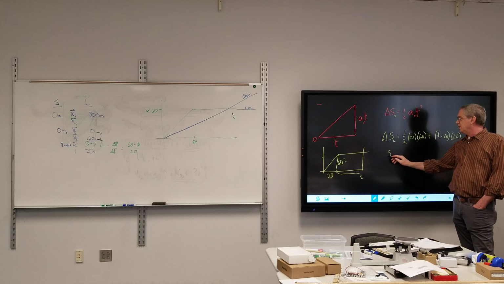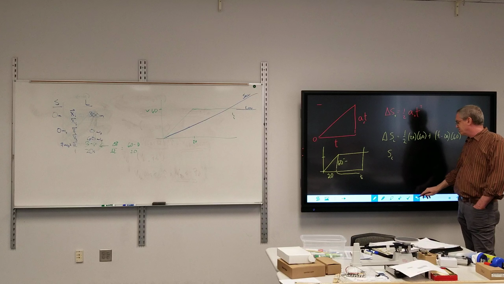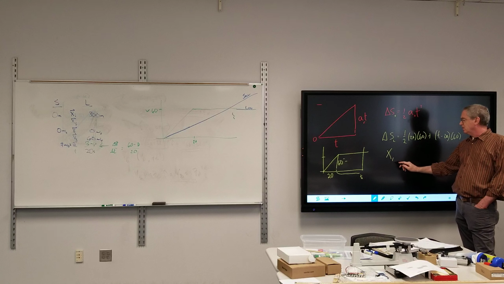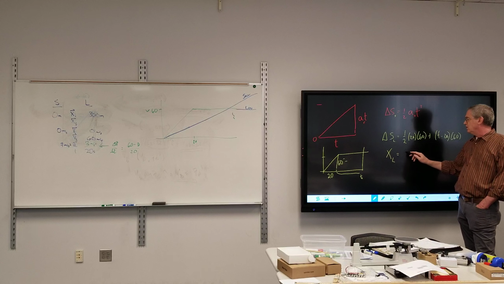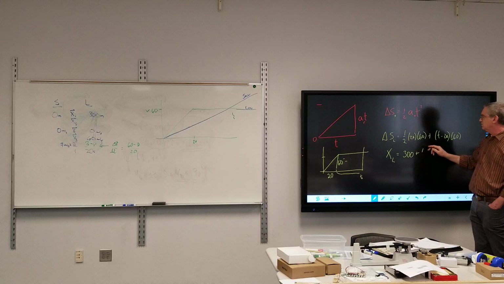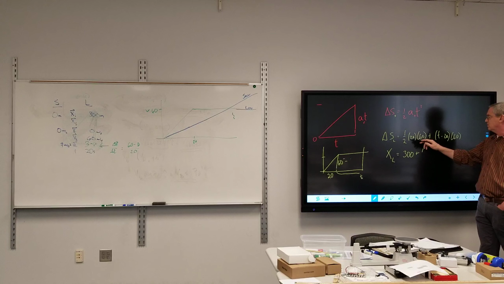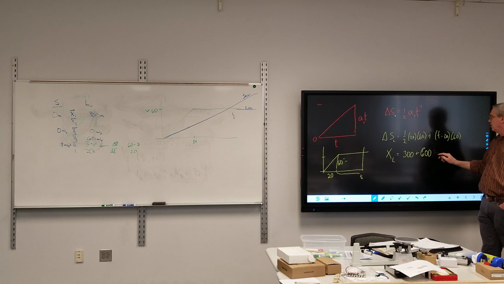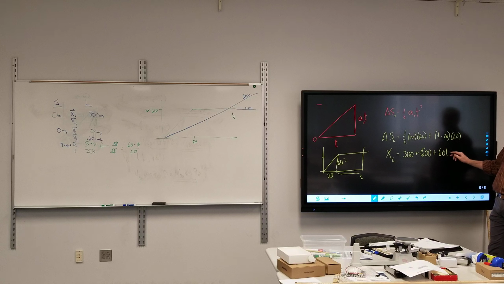So Lou's position, and I'm going to switch over to X. Lou's position is going to be 300 plus 600 plus 60t minus 1800.